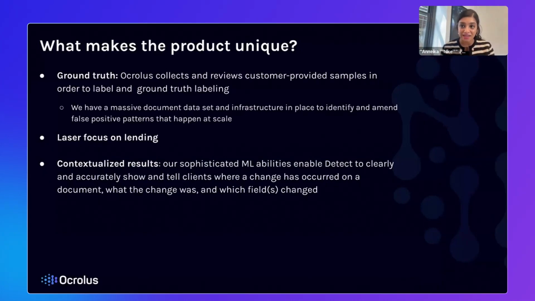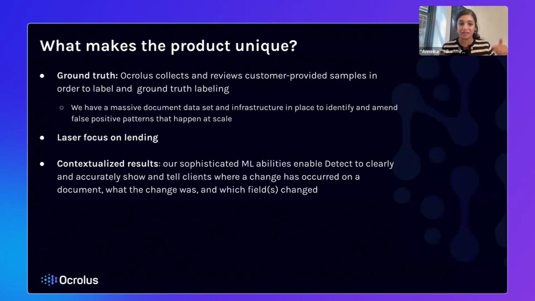And I say that because that is what, again, gives us the specificity of the signals, is being focused on lending use cases and really being tailored to the documents that we see in the greatest volume in lending applications for SMB, consumer, and some mortgage. So bank statements, pay stubs, W-2s, those are high volume documents. A lot of tampering happens in those documents. That's why we are focused on them.